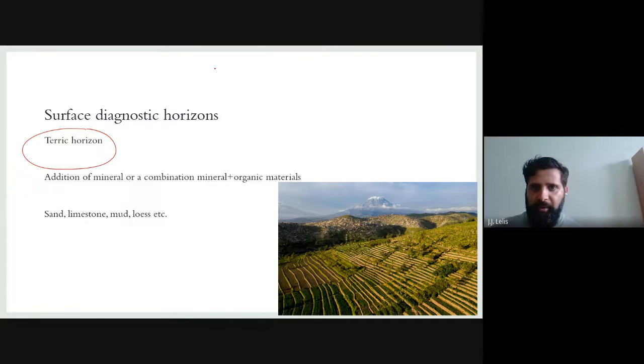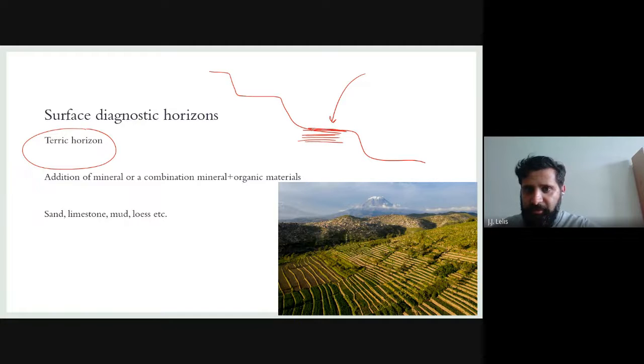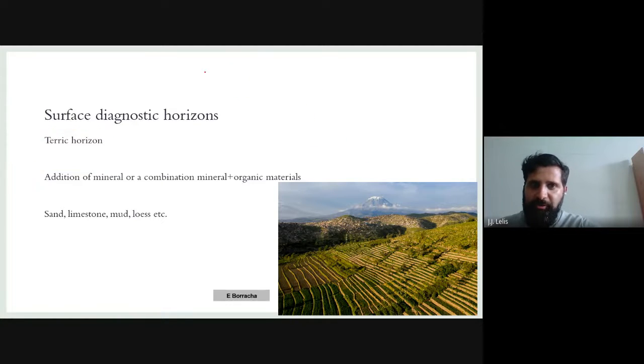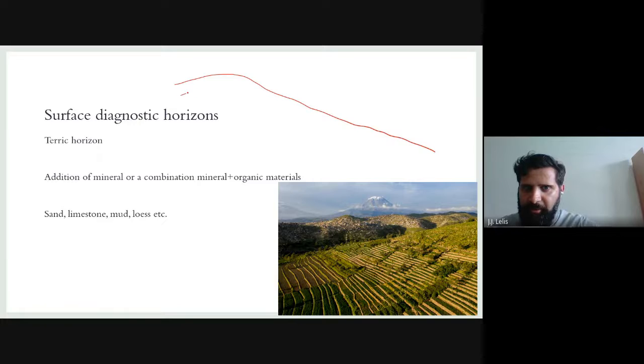So it's quite common to see something like this. And these little terraces are formed by mixing of materials that create this flat surface, so we can cultivate on these flat surfaces. The relief generally is just like this, and the humans mix materials to create this kind of surface.